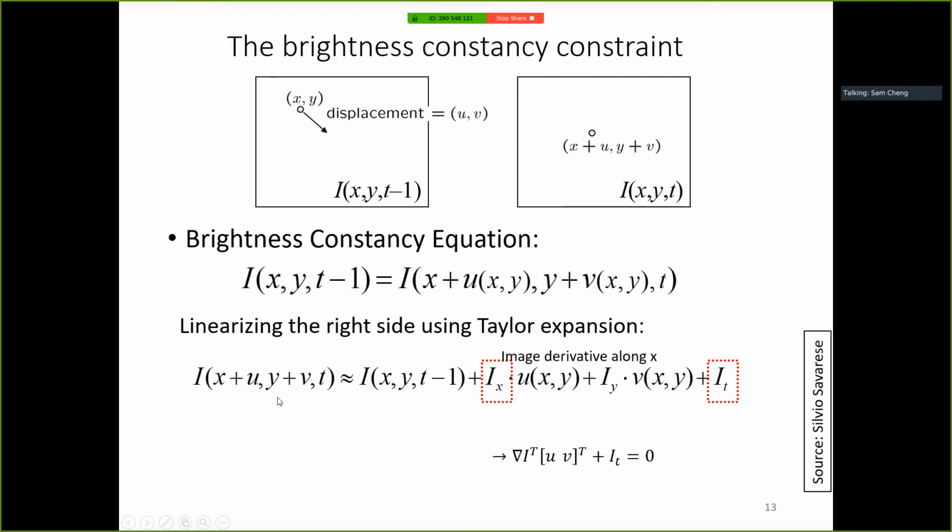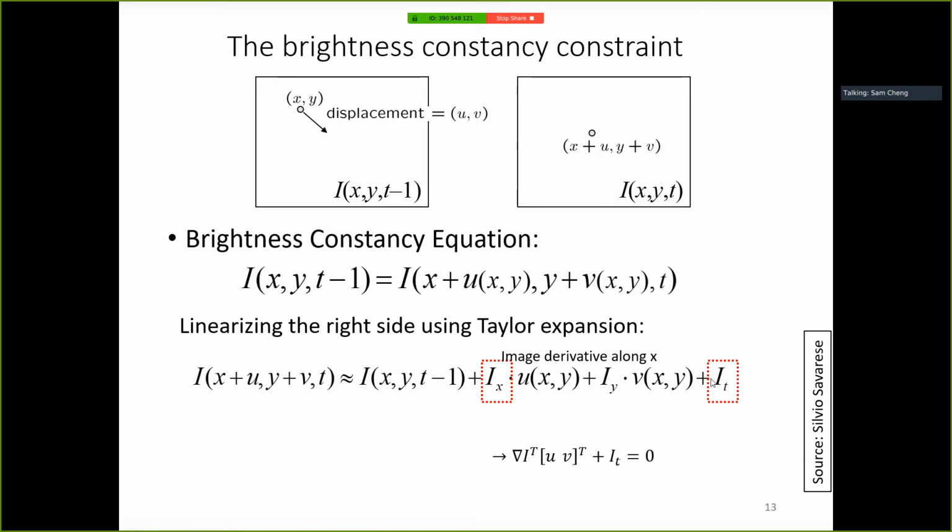This is approximately equal to the previous frame plus the gradient in the x direction, and the displacement is basically u, so times u(x, y). Similarly, the gradient for the y dimension multiplied by v(x, y), plus the gradient along the time direction.